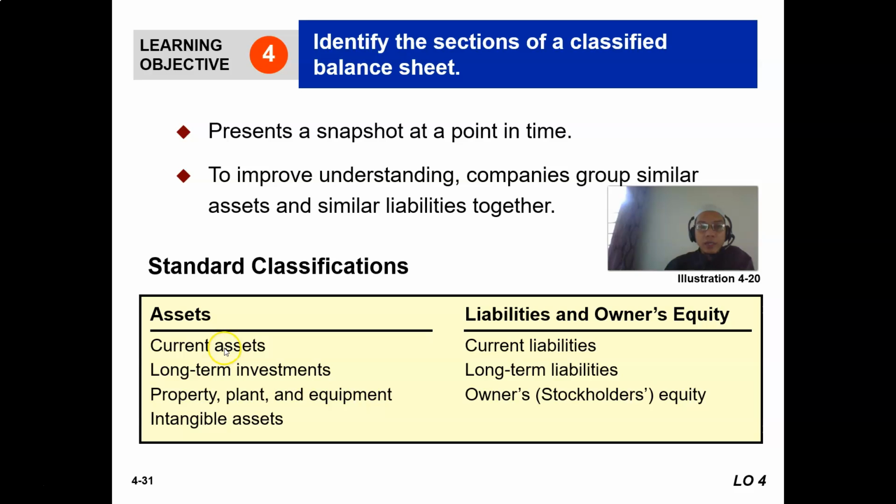We have the current assets, the long-term investments, property, plant and equipment, and intangible assets. All these are assets. Under liability and owner's equity, we can also divide them into three. We have the current liabilities, the long-term liabilities, and the owner's equity or the stockholders' equity. We will look into these one by one.